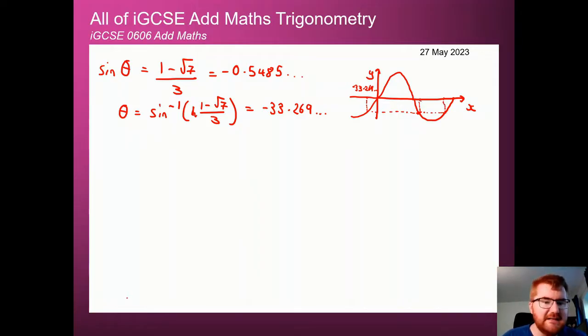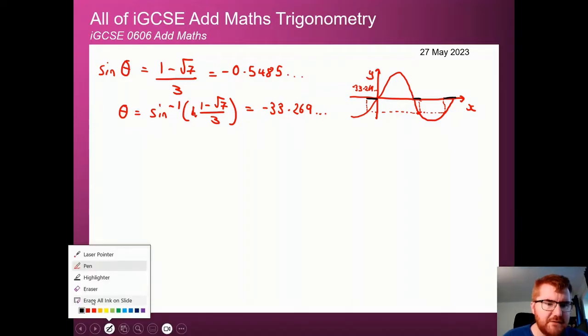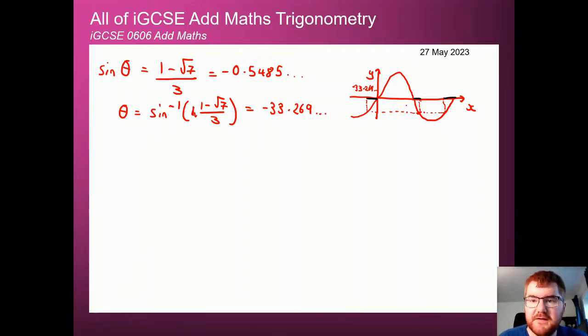Now the way I generally teach this, again, it's good to visualize what's going on here. This length is the same as this length, which is the same as this length. So that's useful to be aware of. This point here, again, you should know your sine graph very, very well. And by the end of this video, you certainly will. This is 360. So to work out the answers we're looking for here, we want to do 180 plus 33.269 dot dot dot, and we'll work that out in a moment.